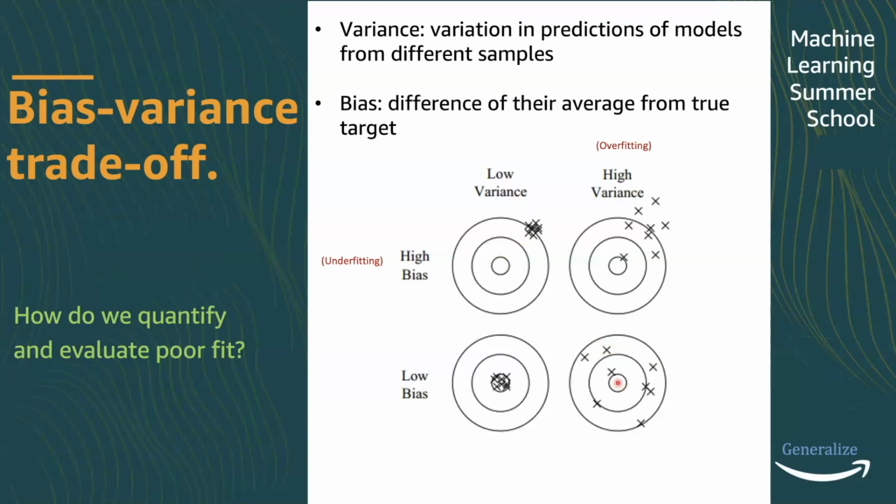Now, your overfitting and underfitting are really just cases of high variance and high bias.